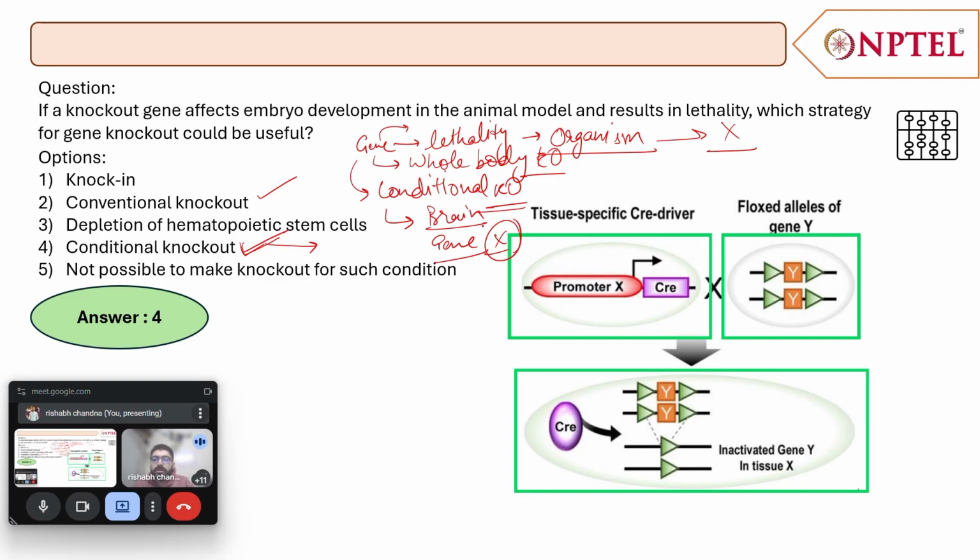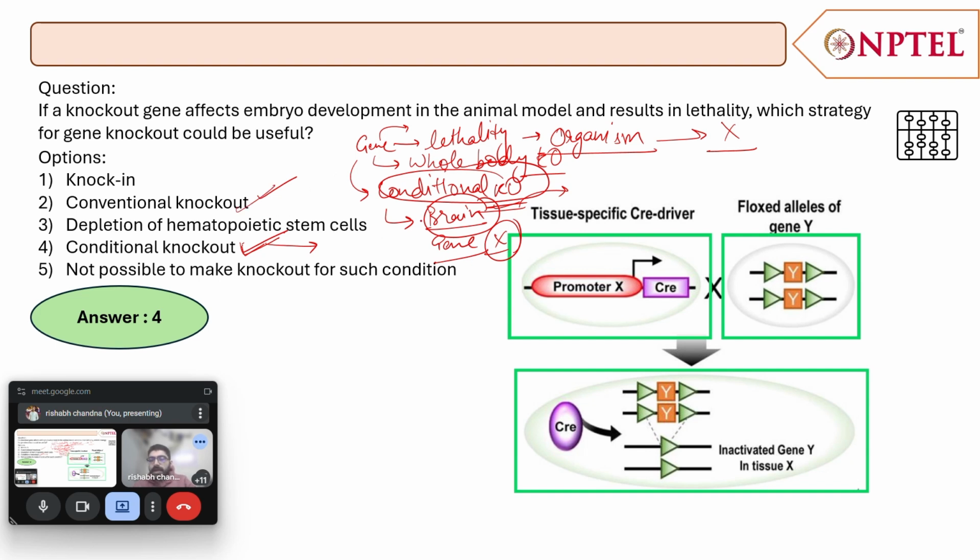So it will be knocked out in brain itself. And then we can study what will be the effect if this gene is mutated and not expressed in the brain. So that is the meaning of the conditional knockout and its difference from the conventional knockout.